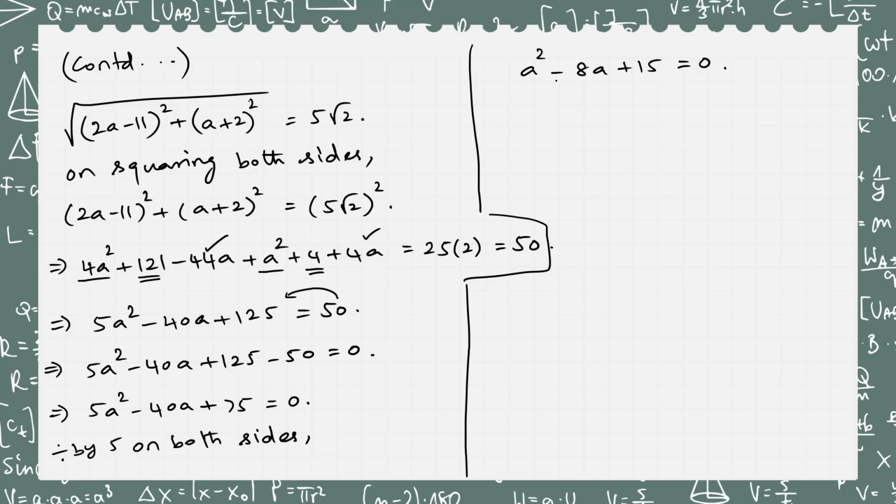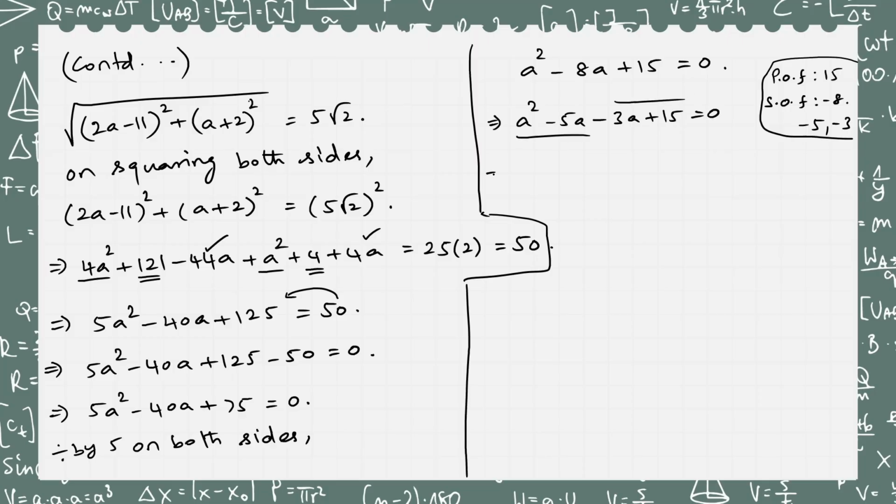So 0. Now we have to apply the splitting the middle term factorization. So the product of the factors is 15 and the sum of the factors is minus 8. So the factors are minus 5 and minus 3. Here we get a square minus 5a minus 3a plus 15 equals 0. And combining the terms together, we have a into (a minus 5) minus 3 into (a minus 5) equals 0.